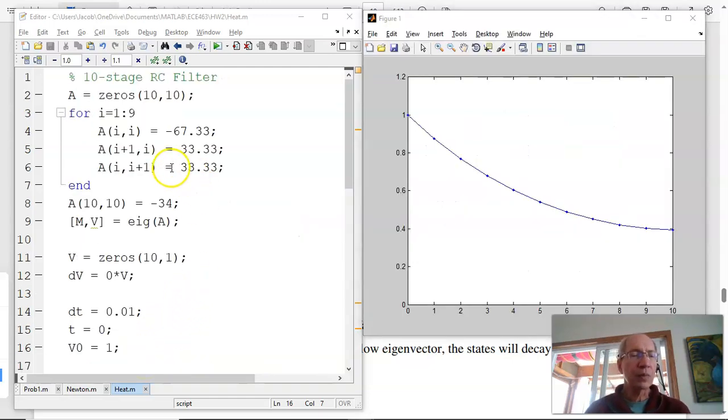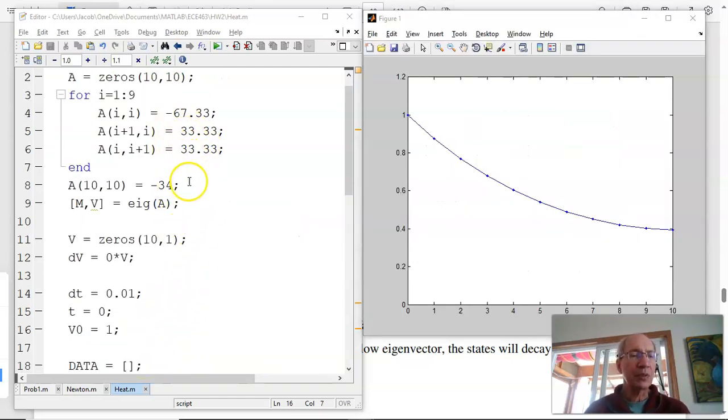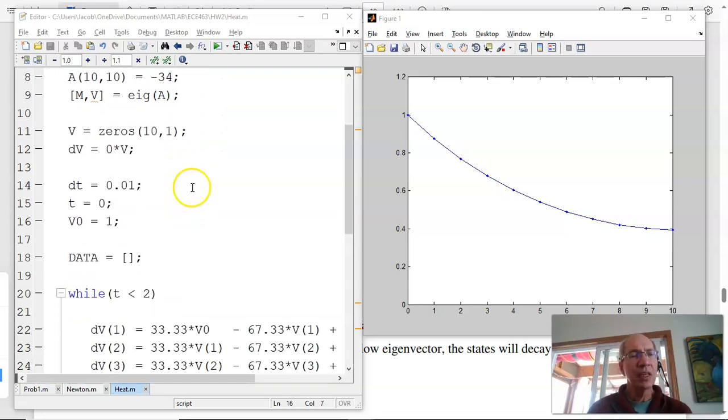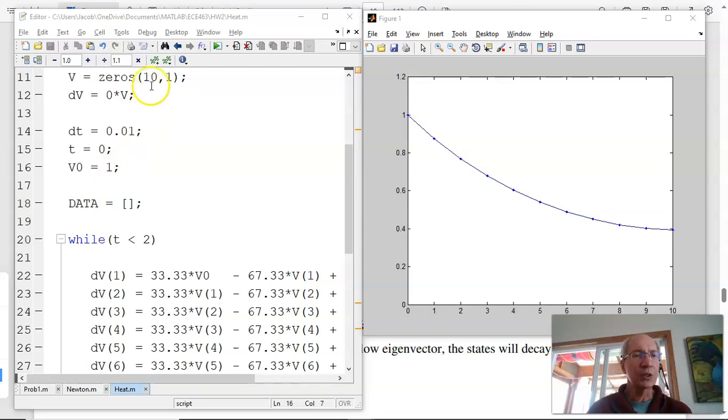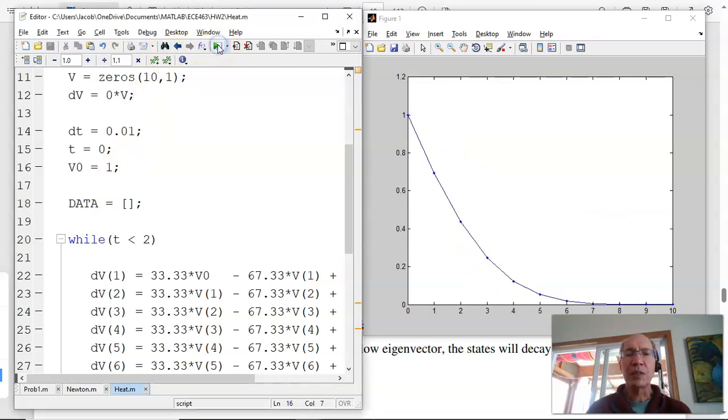Here's my function. I'm going to come up with the A matrix and find the eigenvalues and eigenvectors. If my initial condition is 0 and my forcing function is 1, here's the time response. So there's the step response of the system.